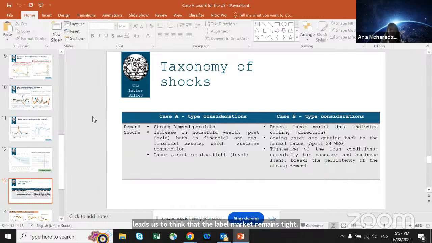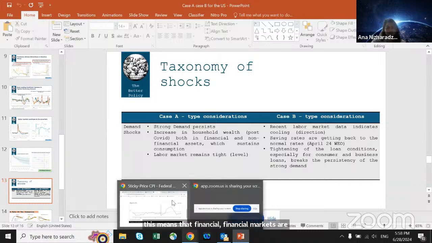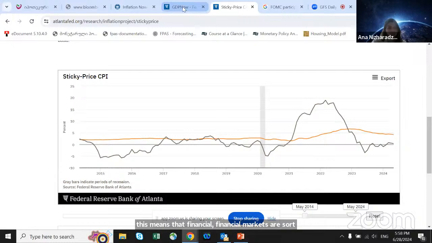But in case B scenario, we can think that in tight financial conditions, we will impact these demand side pressures, and soon we will be observing moderation in economic activity. And we are seeing that rates of several loans are increasing, and this means that financial markets are pricing risks.